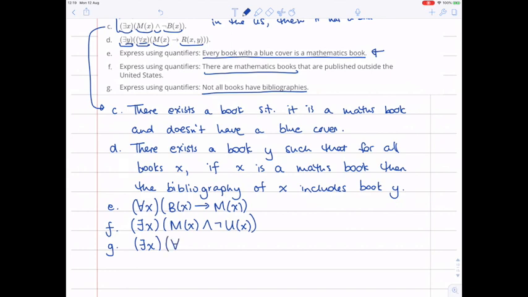So we'll say for all books y, it is not the case that the bibliography of the book we're looking at contains any other book. This might seem a little convoluted and it's worth thinking through, but given the statements that we're using, this is how we would say this. Obviously, if you used different basic propositions, you would have something else.